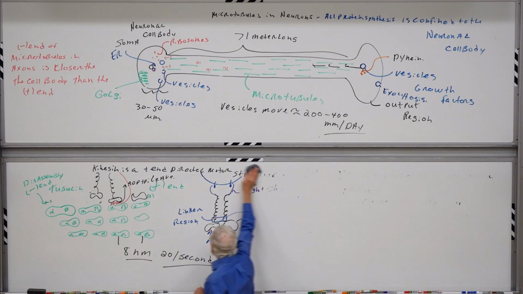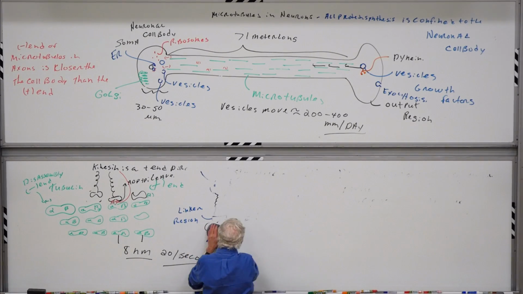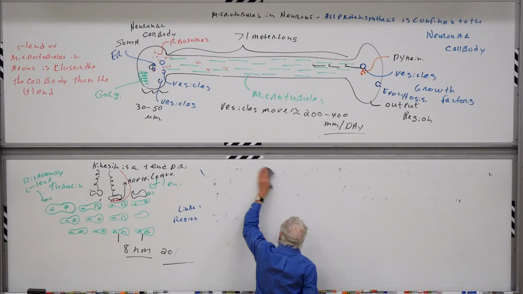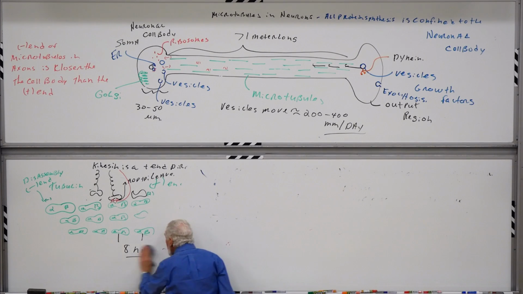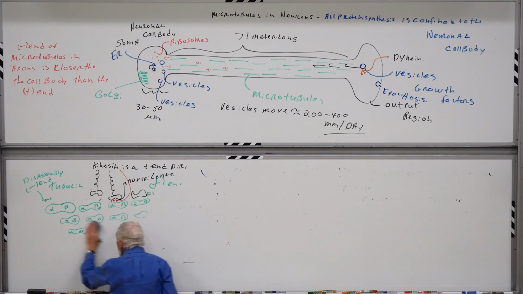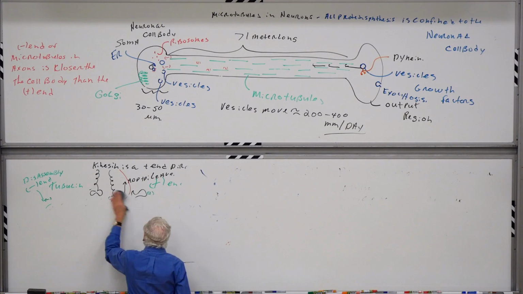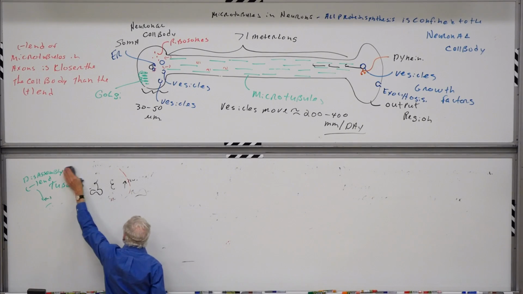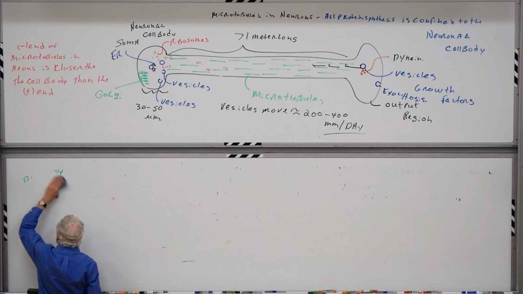So what I want to do here on this panel is switch gears a little bit and think about how actin monomer, G-actin, globular actin, polymerizes into an actin filament, filamentous actin, and how that filamentous actin can be used as a kind of roadway along which we can transport vesicles.